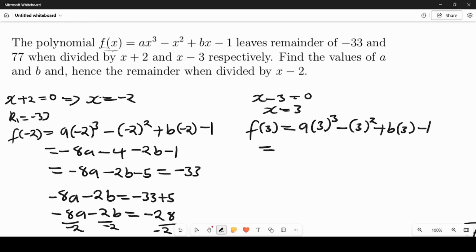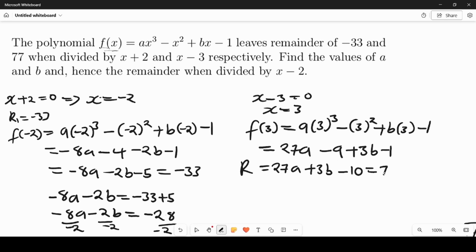So 3 cubed is 27, so 27a minus 9 plus 3b minus 1, which is 27a plus 3b minus 10. This is the remainder, and that's how you find the remainder. This should be equal to 77.